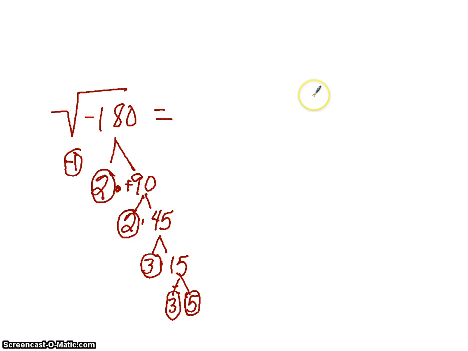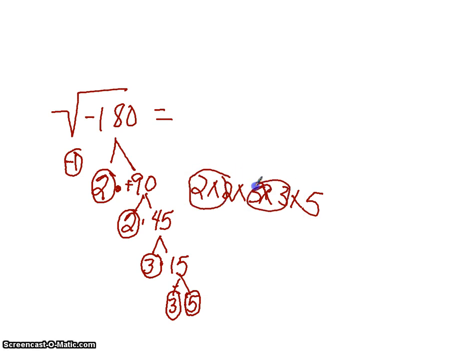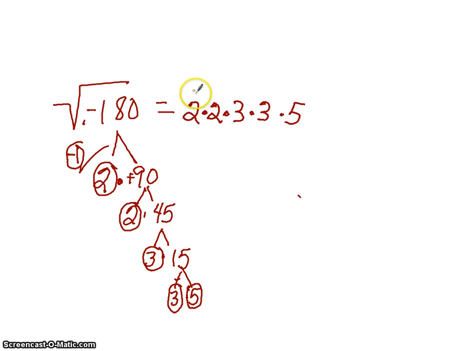So then I'm left with 2 times 2 times 3 times 3 times 5, correct? Remember, you need 2 pair of something to take it out. Okay, so what that gives me is a pair of 2's and a pair of 3's.